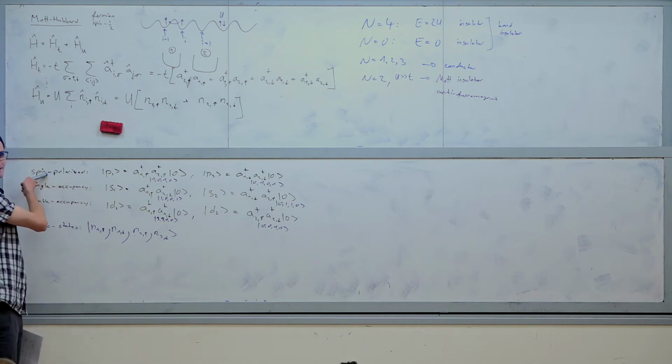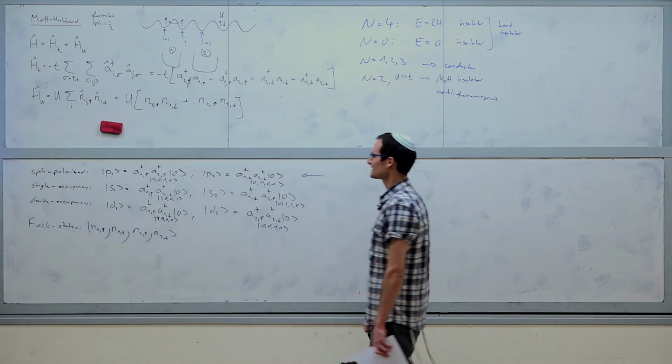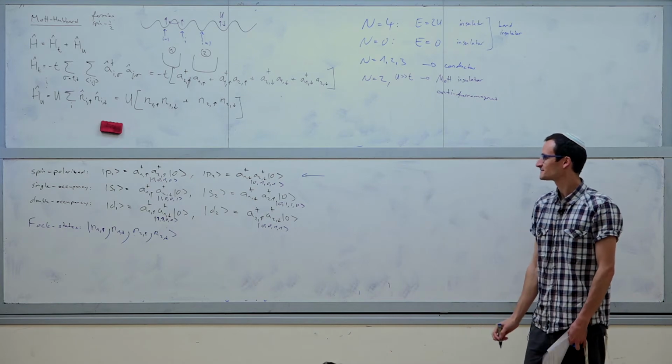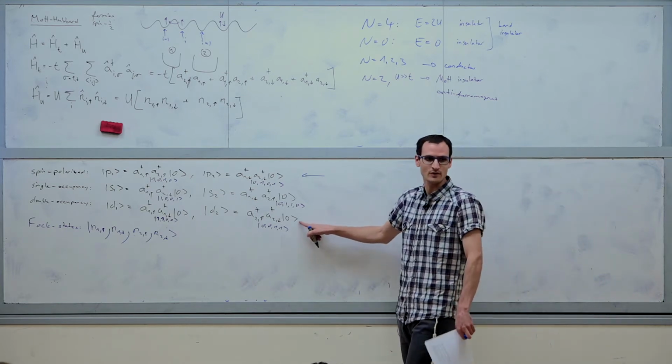Who says spin polarized? Who says single occupancy? Who says double occupancy? Let's try. It's not the third one, okay. But you can hop, right? And the third one you can hop, so it's definitely not the third one.